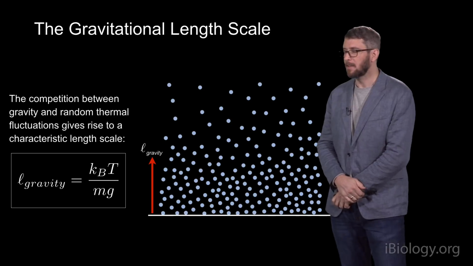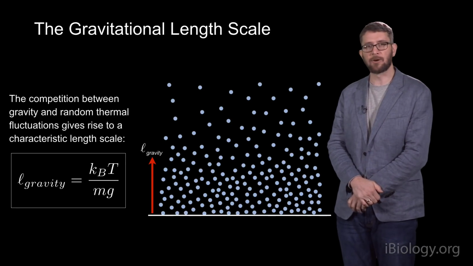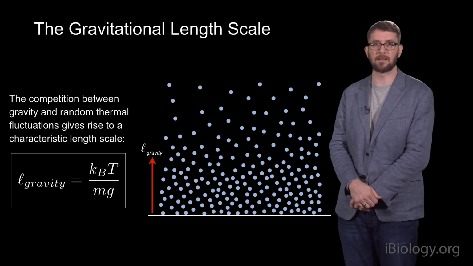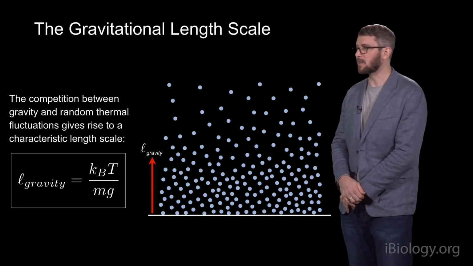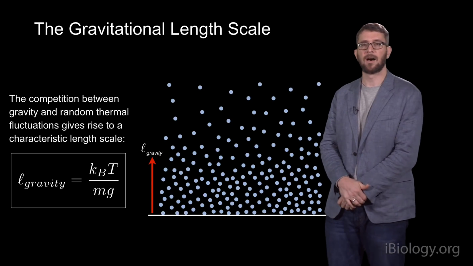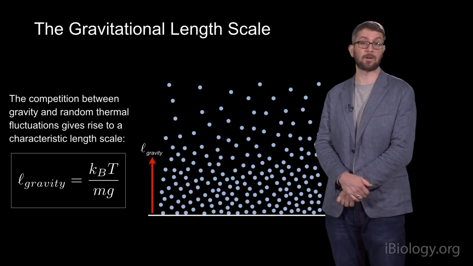So it turns out the physics of this is really interesting. So there's something called the gravitational length scale. It goes by different names. Some people refer to it as a gravitational Peclet number. It reflects the competition between gravity and the random thermal fluctuations that want to randomize the positions of these particles.